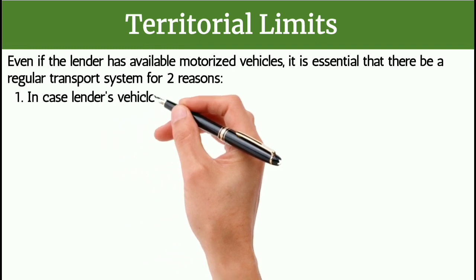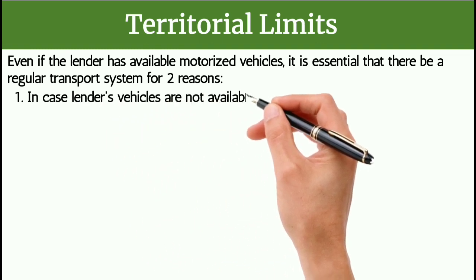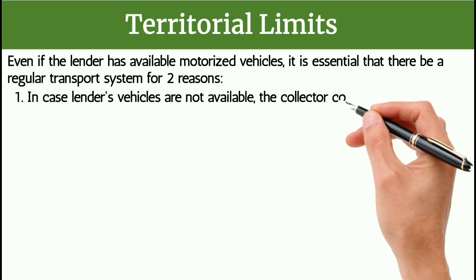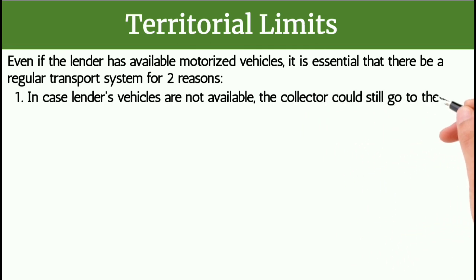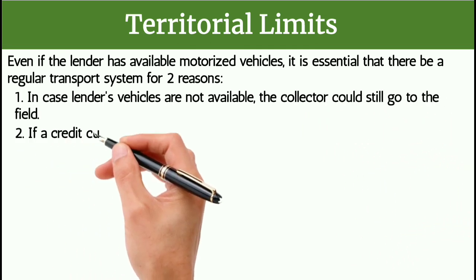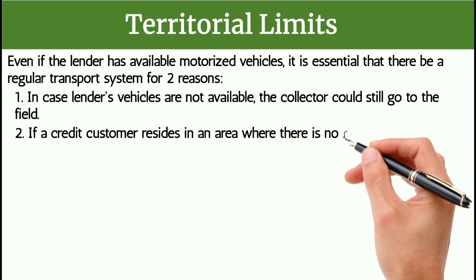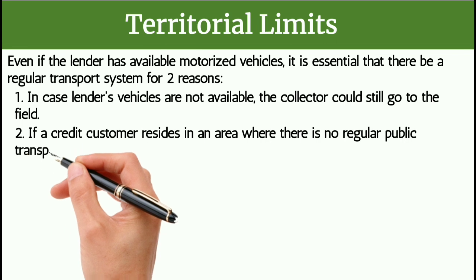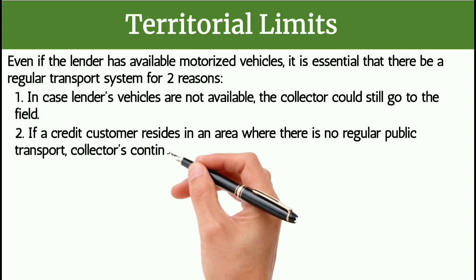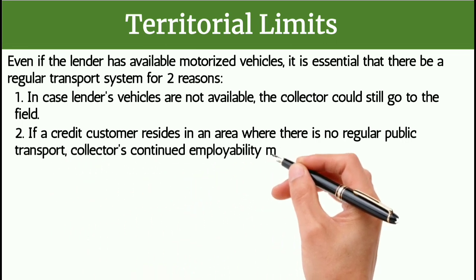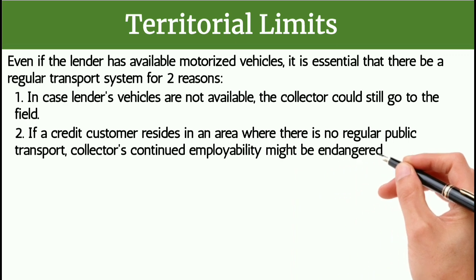First, in case lender's vehicles are not available, the collector could still go to the field. And second, if a credit customer resides in an area where there is no regular public transport, his continued employability might be endangered.